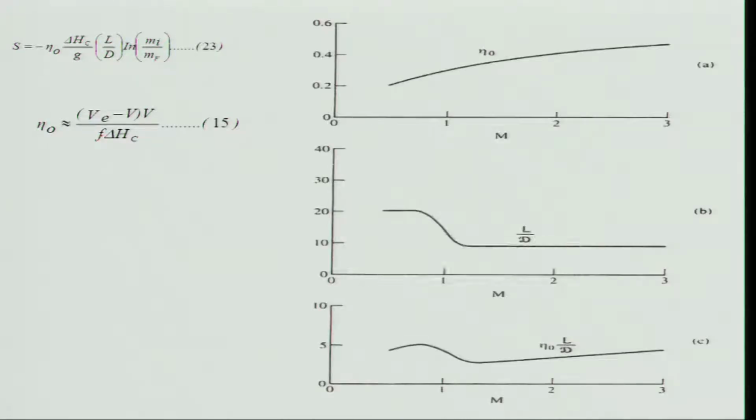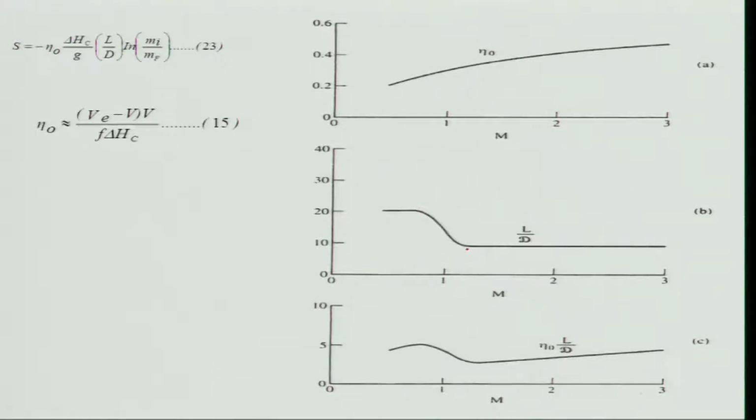So, then you will find overall efficiency goes on increasing, whereas L by D, maybe a little bit of change is occurring, but it is remaining constant in some range of flight Mach number, but after that it decreases, and it slowly decreases in case of a supersonic flight.